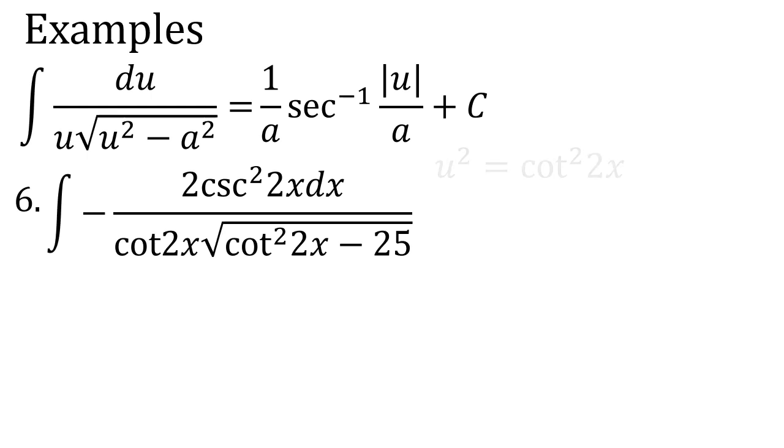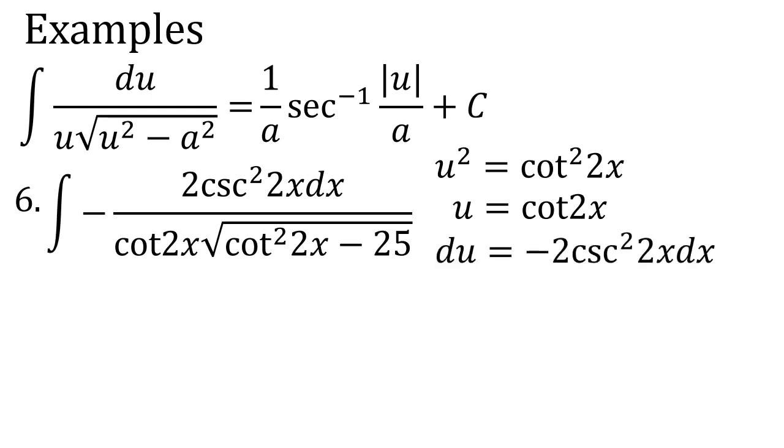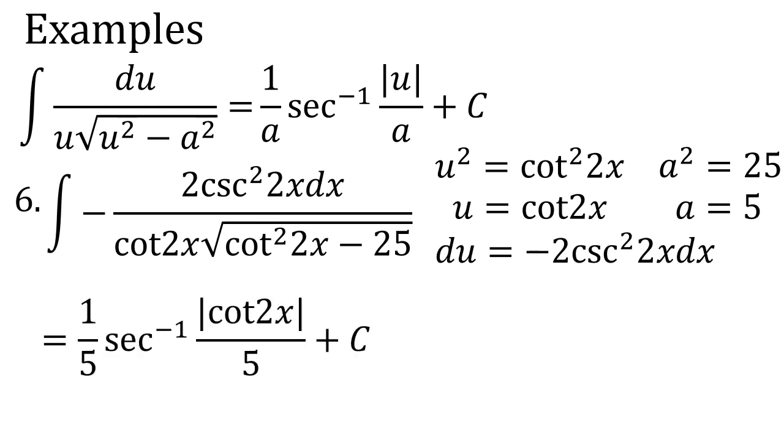Based from our given, our u squared is equal to cotangent squared 2x, so u is equal to cotangent 2x. Getting its derivative, du is equal to negative 2 cosecant squared 2x dx. Our a squared is 25, so a equals 5. So our answer will be 1/5 arc secant absolute value of cotangent 2x over 5 plus c.